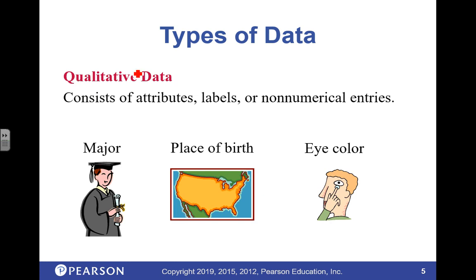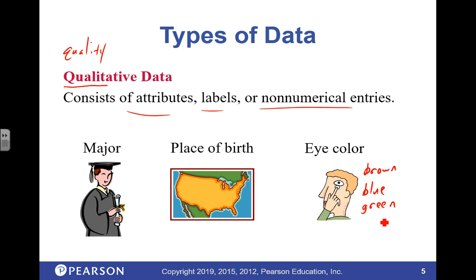So qualitative data, notice the root of the word qualitative is quality. Qualitative data consists of attributes, labels, or things that are typically non-numerical. They describe a quality. So if you look at what someone's eye color is, whether they have brown eyes or blue eyes or green eyes, notice that those are categories.